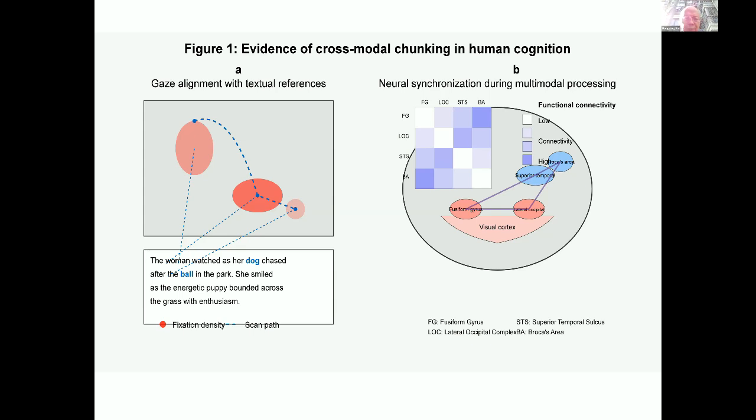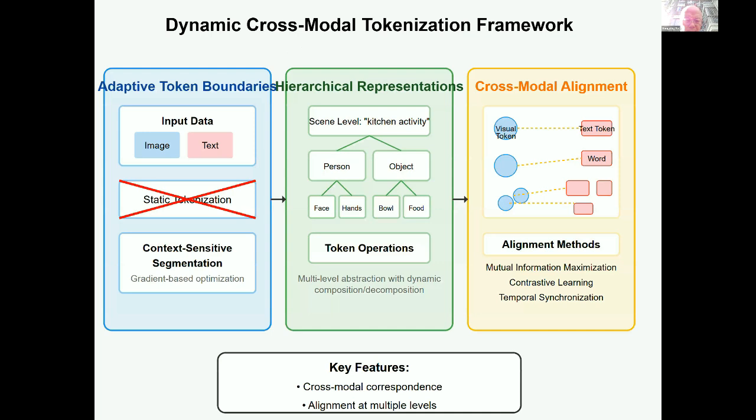So let's move to slide 8. Our solution, what's our solution? Our solution is based on these insights. We developed what we call the dynamic cross-modal tokenization framework, or DCMT.